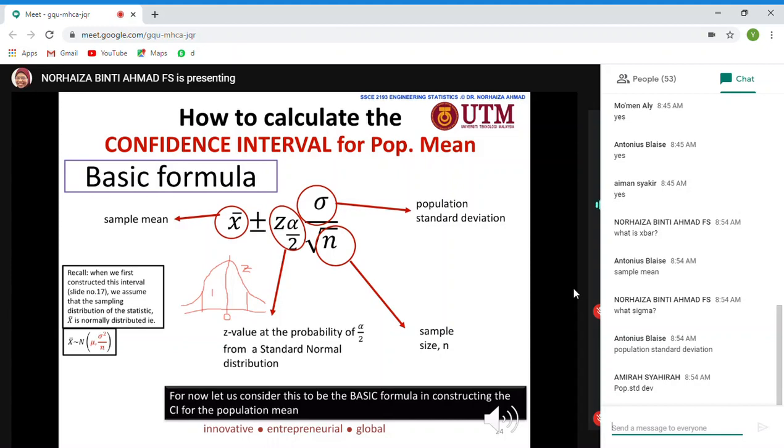So this area here is your 1 minus alpha. Let me sketch this out. If this is 1 minus alpha and the normal distribution is symmetric, then in this tail the area of probability is alpha over 2.